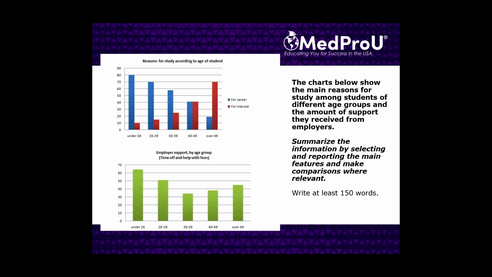How about Semi? The charts compare the primary reasons for studying among learners of different age groups and the level of support. Correct. Vida, the charts give, without the S, information on the level of support from different employers among learners of different age groups.